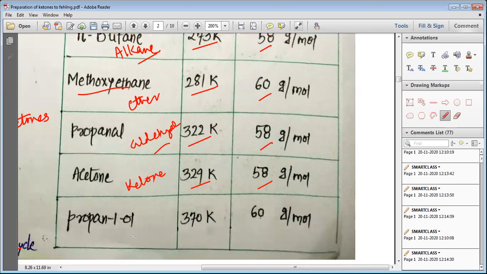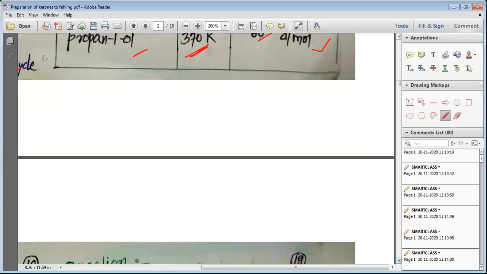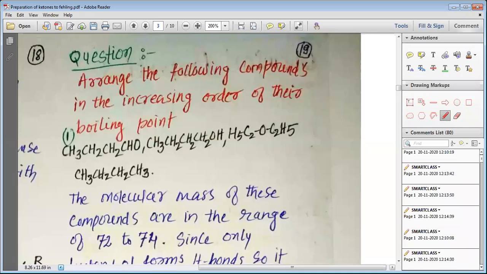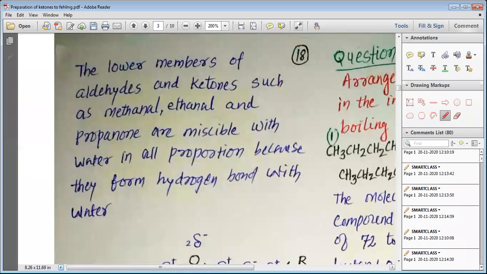But when we look at the boiling point of propanol with 60 gram per mole molecular mass, it is highest among all of them. This is how we can understand how the boiling point changes when we move from alcohol to ketone to aldehyde to ether to alkane.